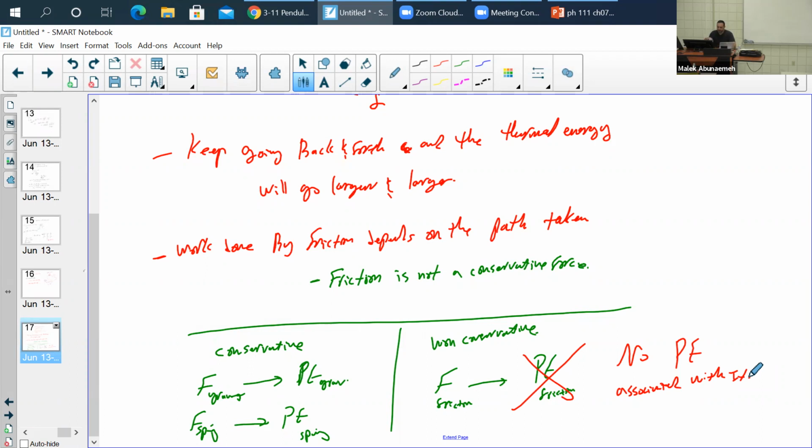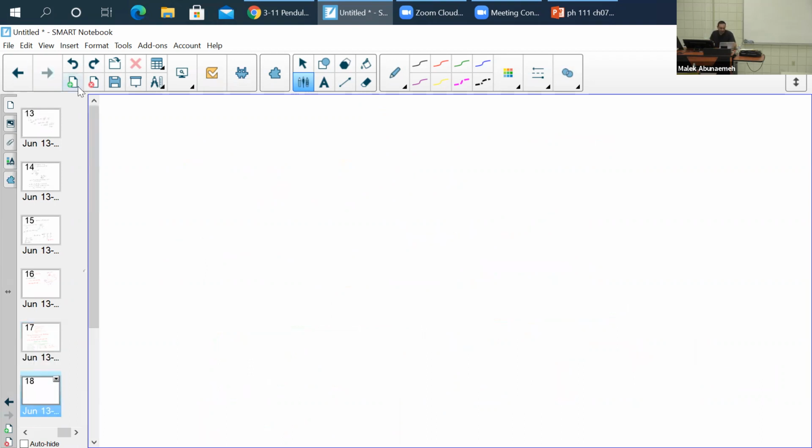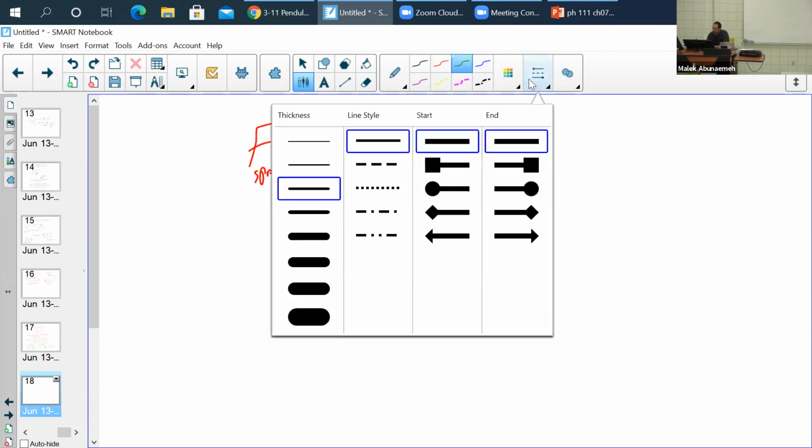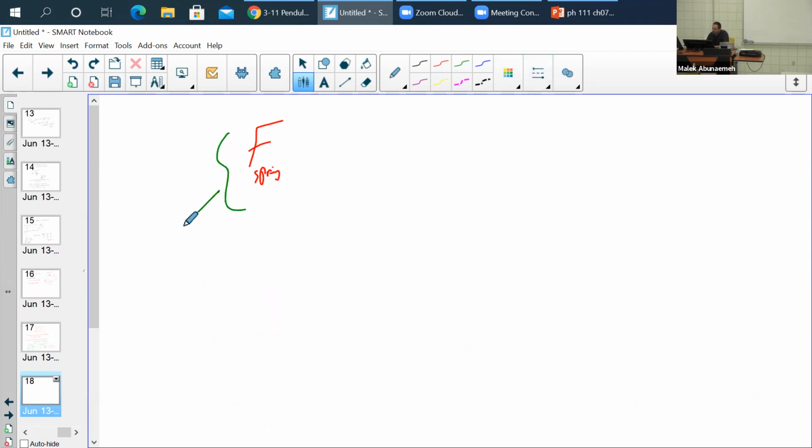So, we talked about the spring force. Go ahead and label this. We defined work as your force times your distance, but in this case it's going to be minus k multiplied by d.